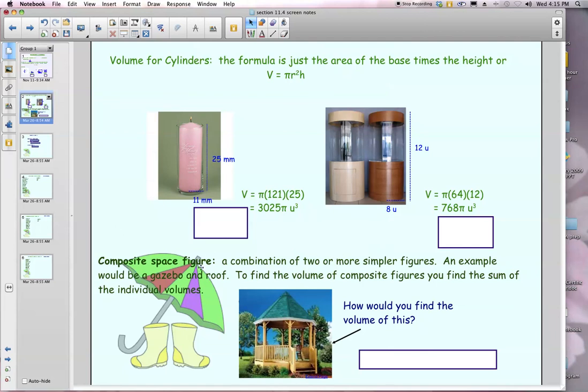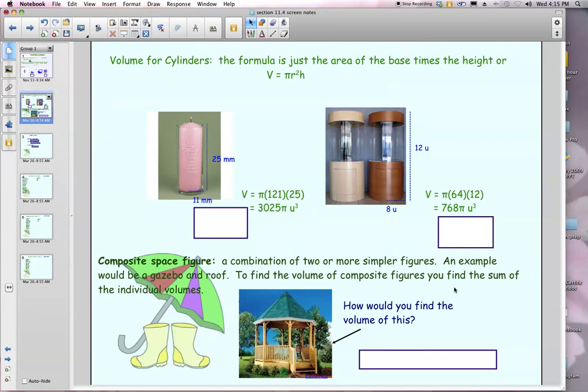I mentioned in the last section that we were going to talk about composite figures. Remember that a composite figure is simply taking 2 or more 3-dimensional figures and putting them together. In this case, this gazebo and the roof make a composite figure because the top part is a pyramid and the bottom part is a prism.